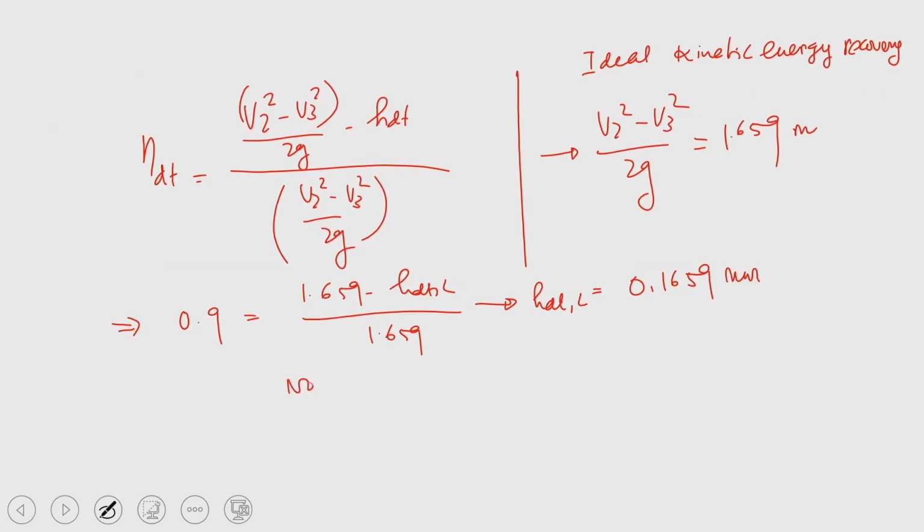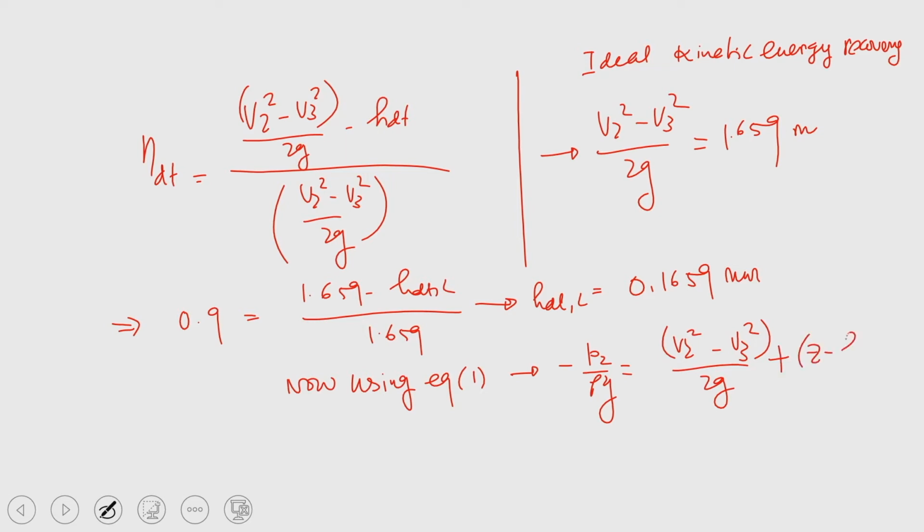Using equation 1, we can write minus P2 by rho g will be equal to V2 square minus V3 square by 2g plus z minus h dt L. See, I am writing it in this form, minus P2 by rho g, because this is suction pressure.